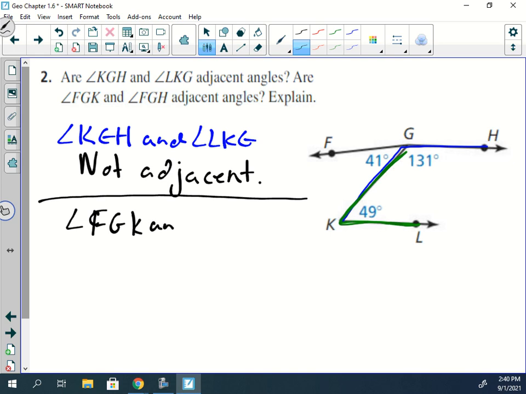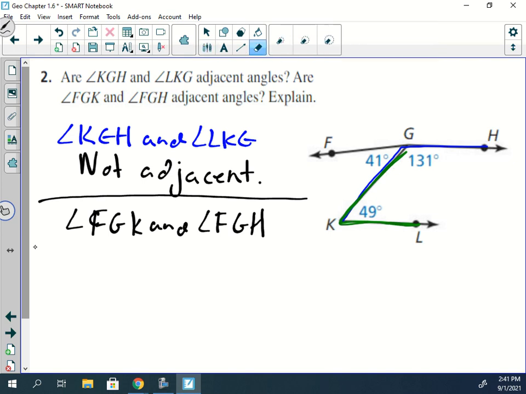Any other questions about angles KGH and LKG not being adjacent? Let's look at the next one. FGK and FGH.